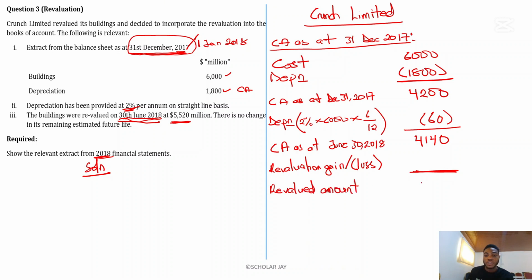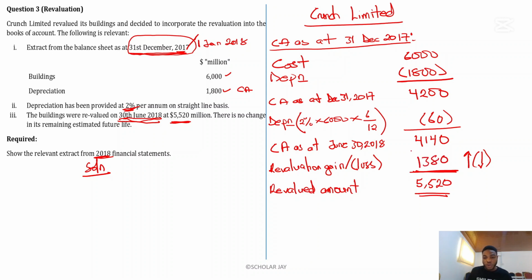So what's the revalued amount? It is 5,520. So if there is an increase, it means that it's a gain. But if there is a decrease, it means that it's a loss. Are you appreciating the concept? So obviously, the revalued amount is more. So what's the difference? 5,520 minus 4,140. That is 1,380.